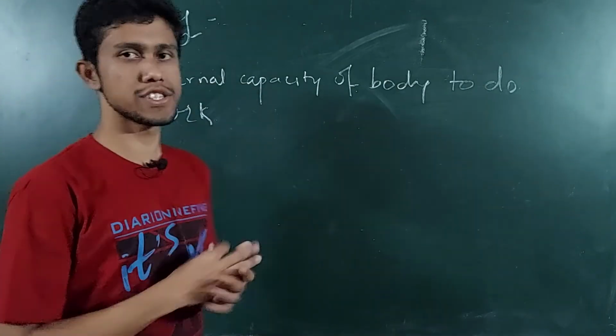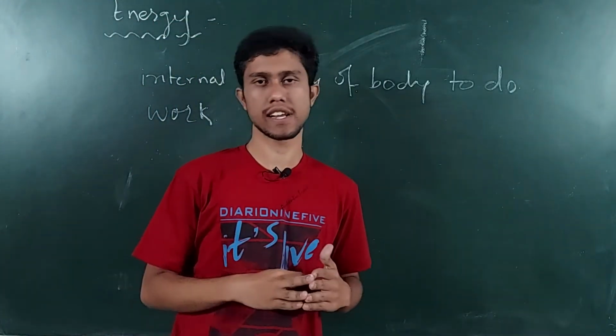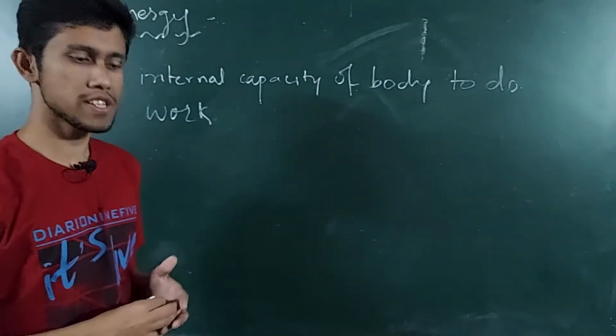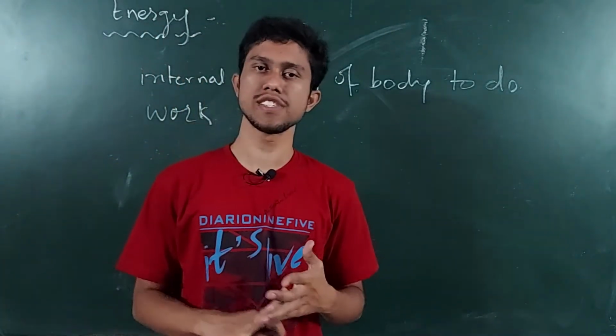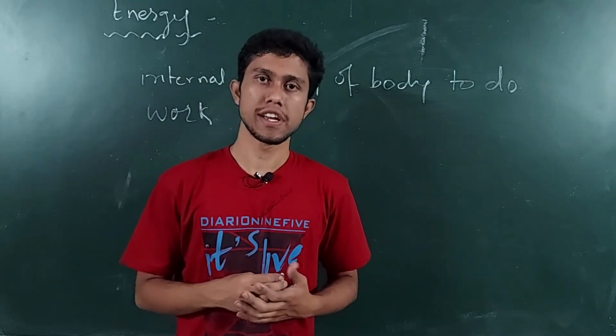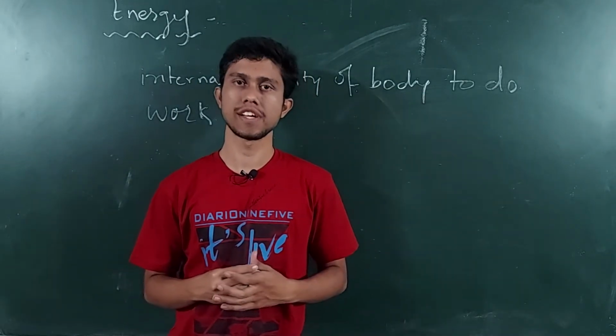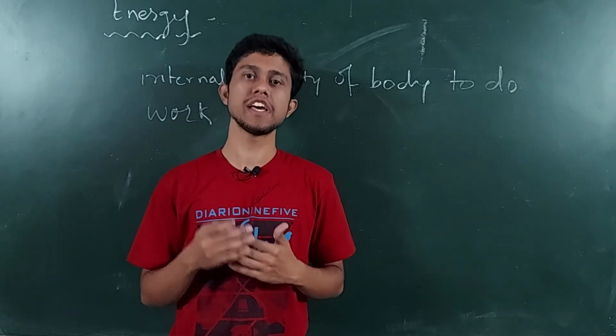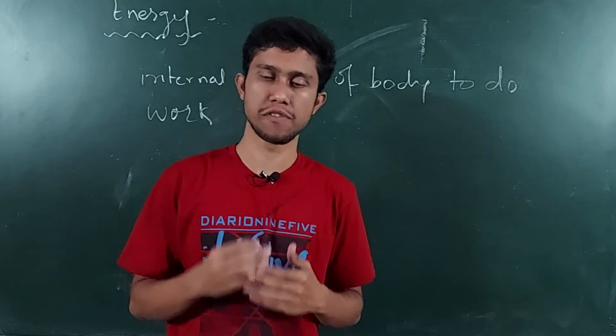So this is the energy, and this definition is enough to define what is energy. Now I've told you there are various forms of energy such as heat energy, electrical energy, potential energy, kinetic energy. Now we'll move on to the next topic, which is the Einstein's energy mass equivalence.